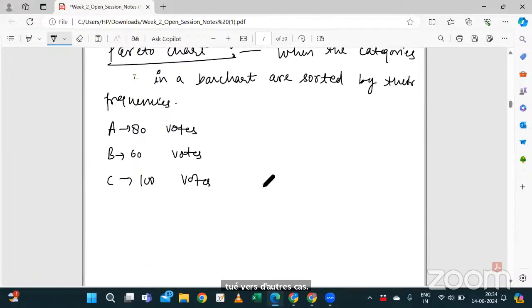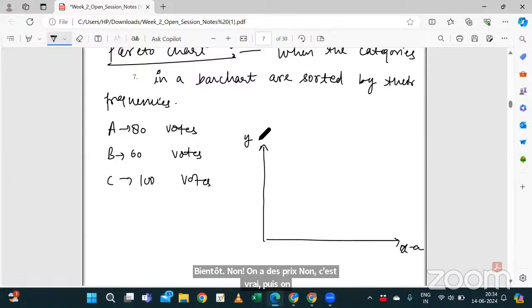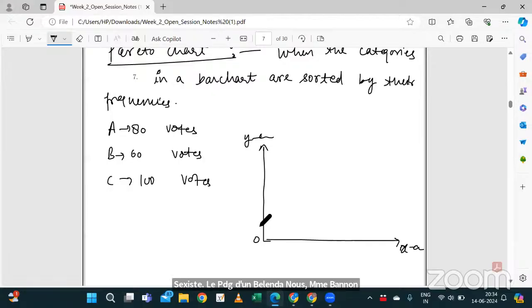So what we can do, if you are going to draw, right? Let's say the x-axis will represent the candidates, the y-axis will represent the number of votes. So this is 0. Let's say this is 20, 40, 60, 80, 100.